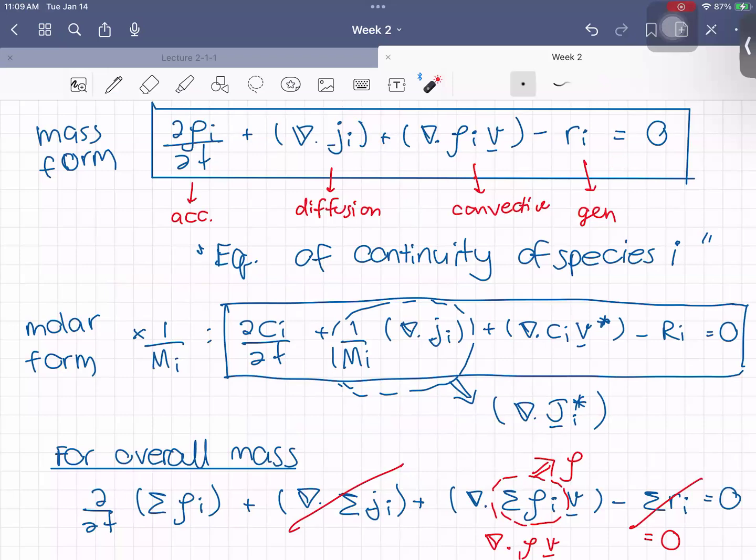As you can see here, in this equation, which is in the mass form and also in the molar form, there's a diffusion term and also a convective term. You might wonder, how are you going to apply the diffusion term into the equation?